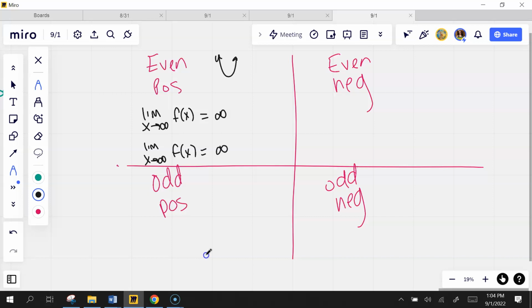Gang, wait. What's the bottom limit? Is the bottom one x goes to negative?